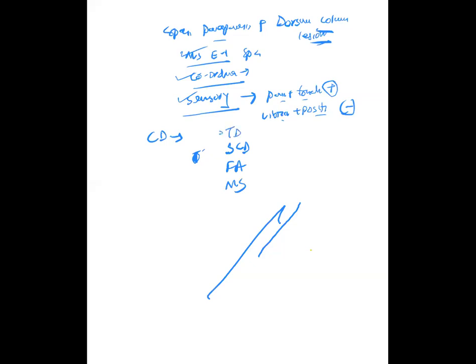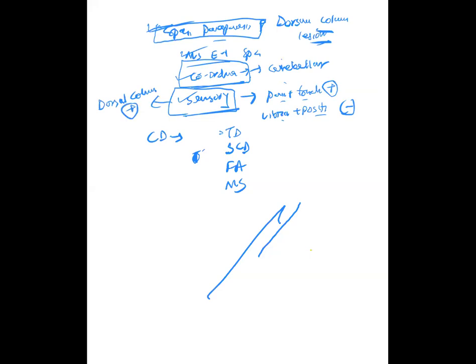Now in this case, I check the motor system first and feel there is a spastic paraparesis. But in between, if you find a coordination problem, that indicates cerebellar involvement. When you check the sensation, it indicates dorsal column involvement. Now look at all those cases.